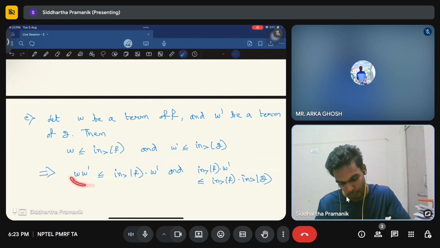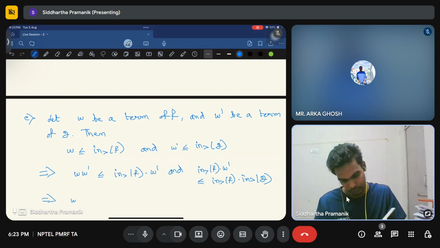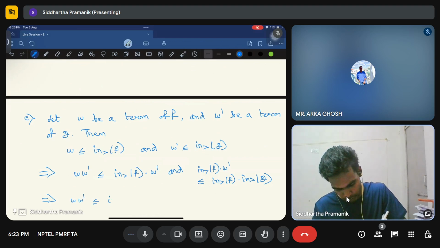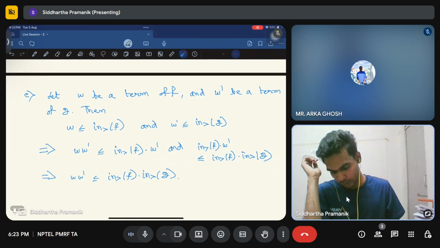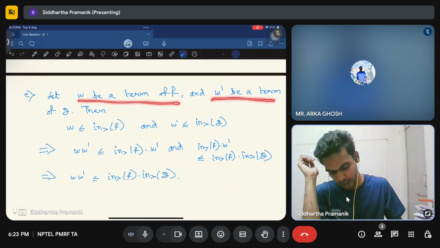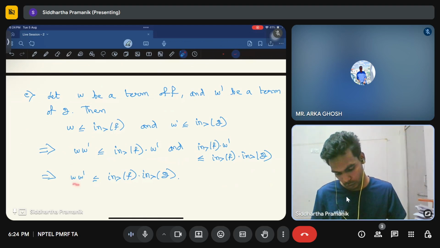Now just combine these two inequalities. Then we get w times w prime is less than or equal to the initial term of f times the initial term of g. w is a term of f, w prime is a term of g, so their product is a term of the product of f and g, and it is less than or equal to the initial of f times the initial of g.